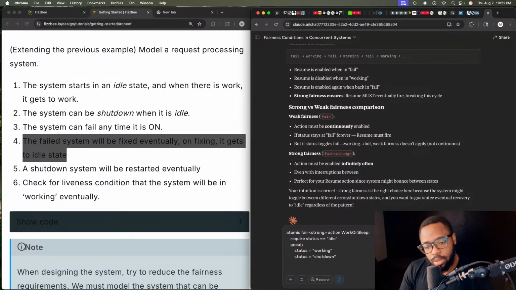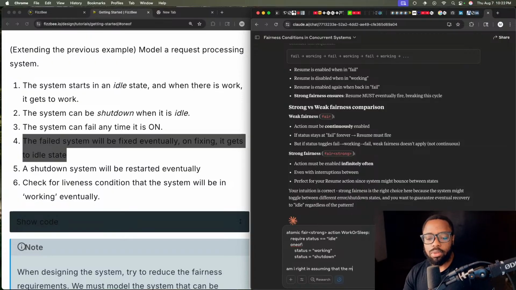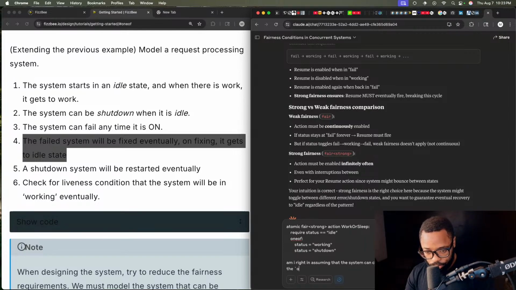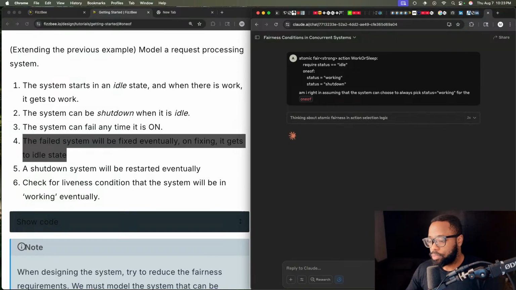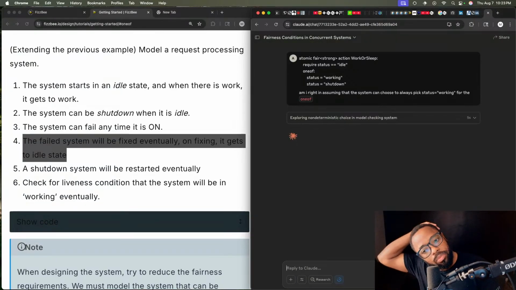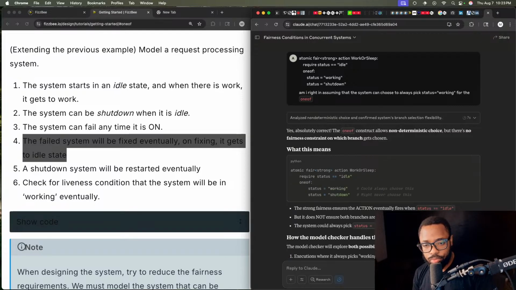What do I want to ask? Am I right in assuming that the model or the system can choose to always pick status equals working for the one-off? Yeah.